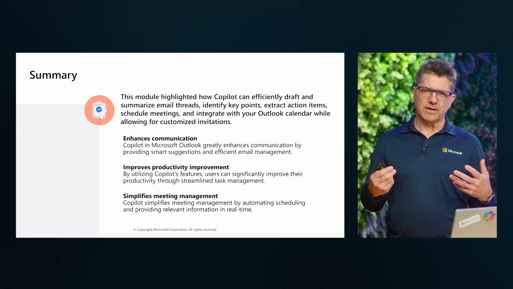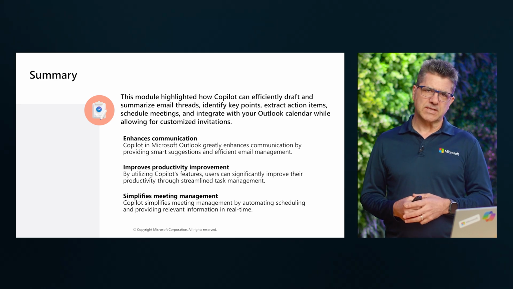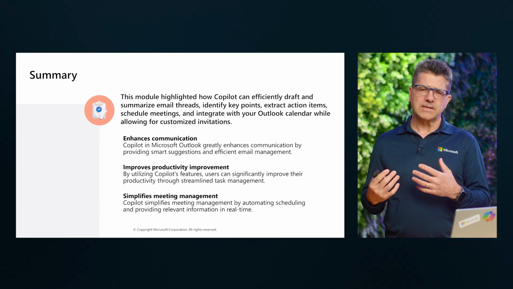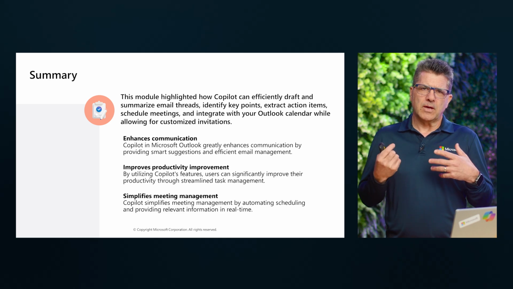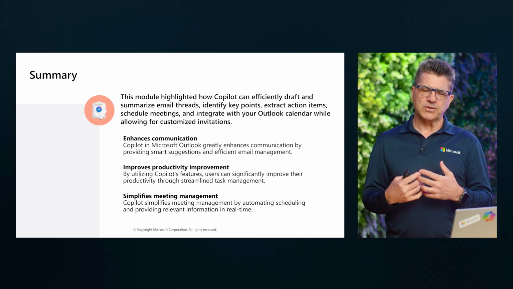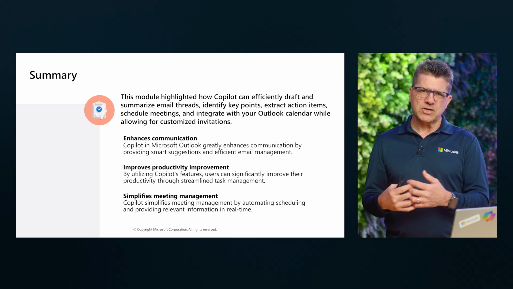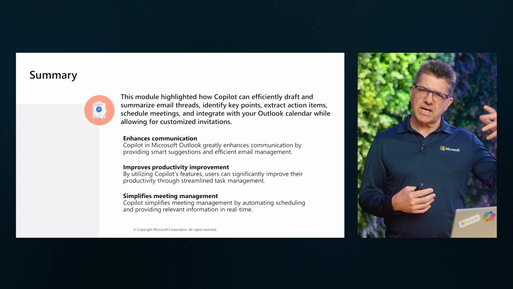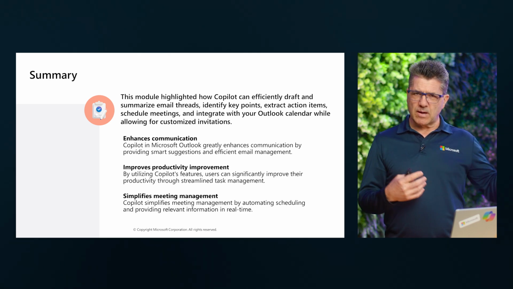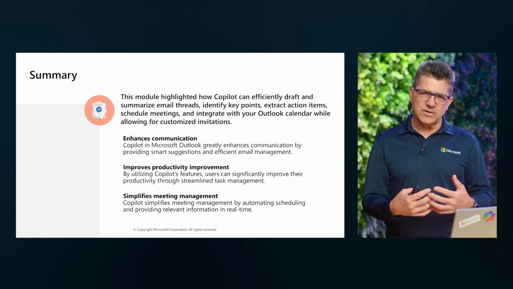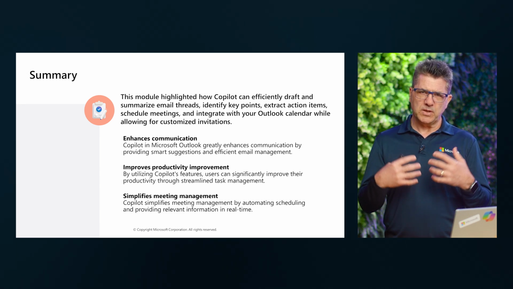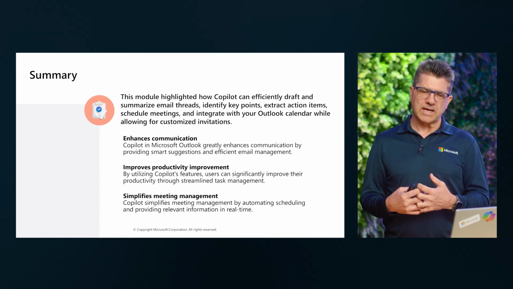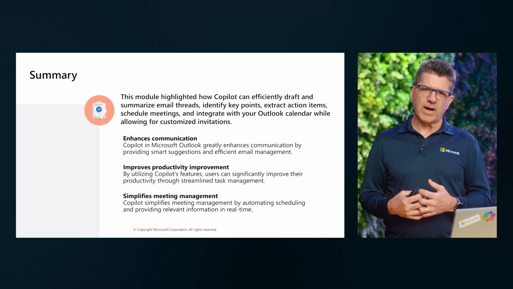So what did we cover in this module number 6? Well, we talked about Copilot in Outlook. How can we be more productive, managing our Outlook messages, enhancing our communication, being more proactive, understanding what's in my mailbox, summarizing that content, drafting proper emails, being precise on how we want to say it, the right way, the right tone.